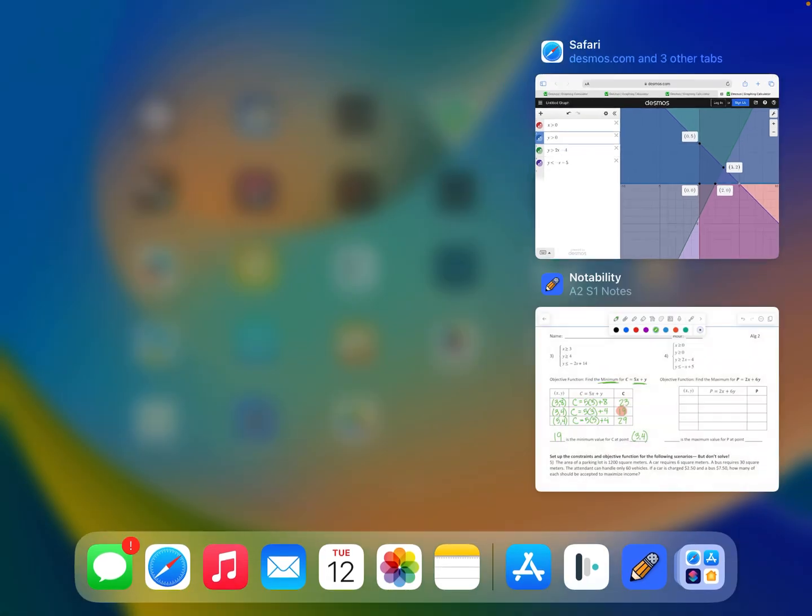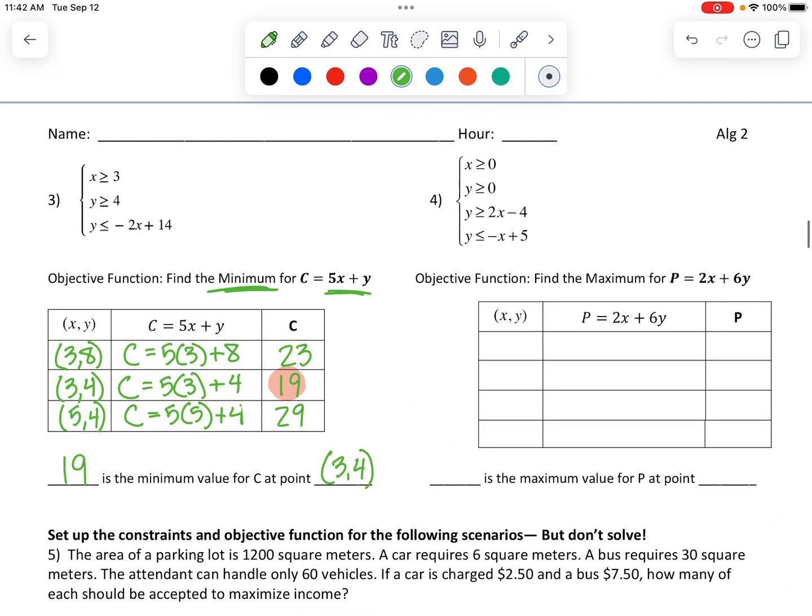I'm going to go ahead and go back to my notes here. I'm going to fill in, I had (0, 0), I had (0, 5), I had (3, 2), and I had (2, 0).